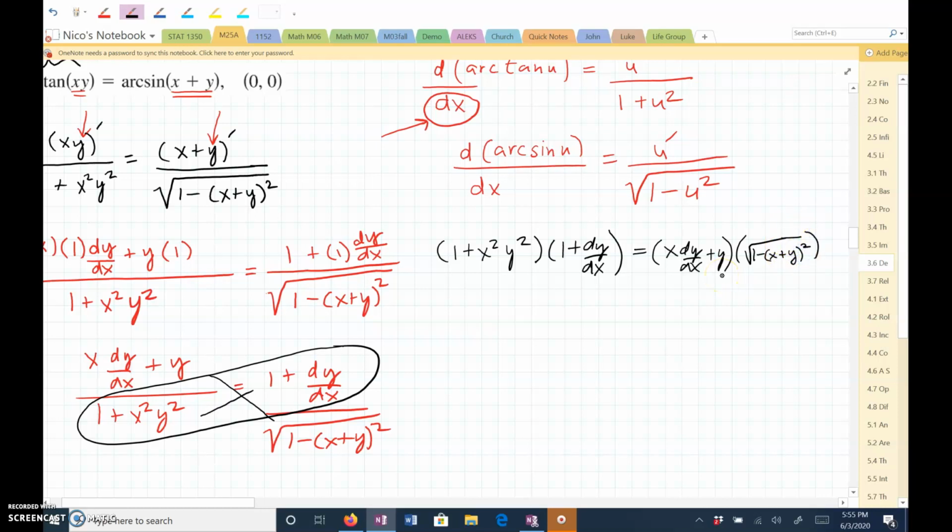Okay. Let's see here. Now I need to distribute all the way through here. So 1 times 1 is 1. 1 times dy/dx is dy/dx. Let's see, this is going to be x squared y squared. And this would be x squared y squared dy/dx.